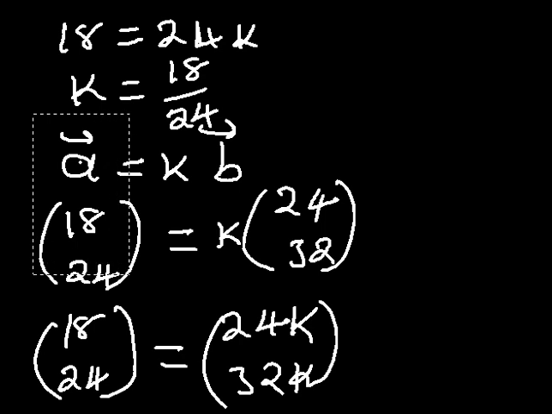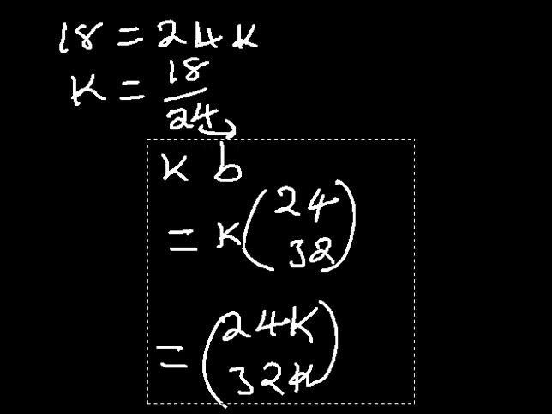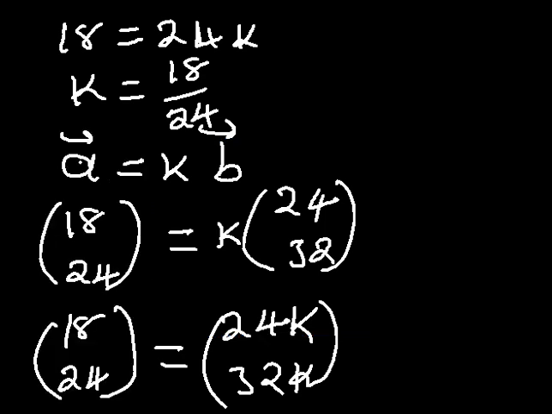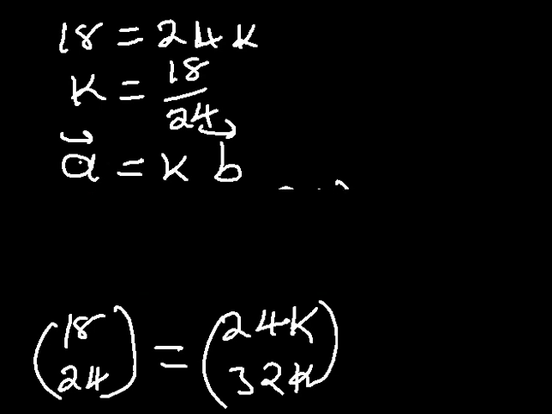If we think of simplifying that, k is equal to 9 over 12. Of course we can simplify further. Let's think of using 6. So 18 divided by 6 is 3, and 24 divided by 6 is 4. That is the value of k, 3 over 4.